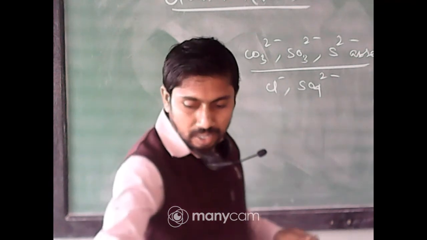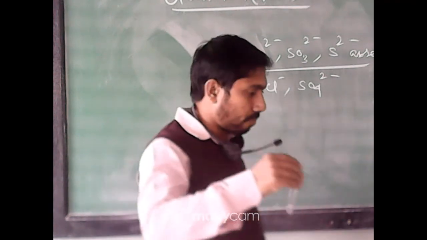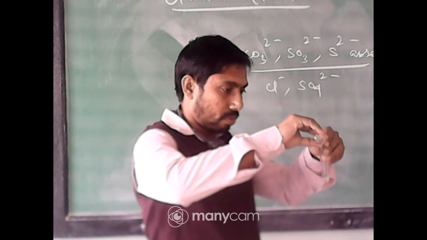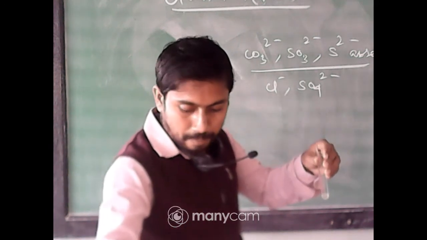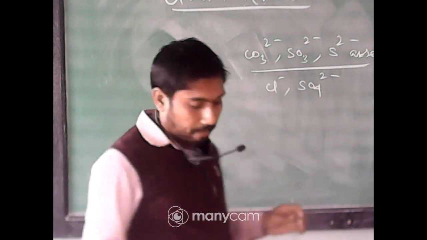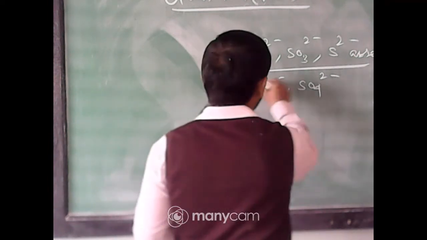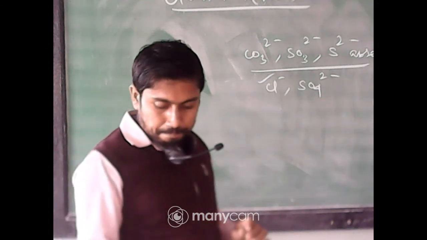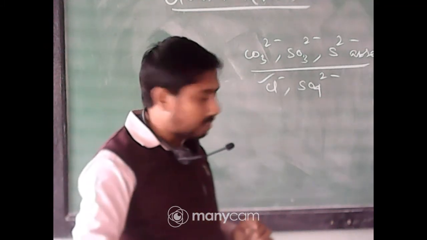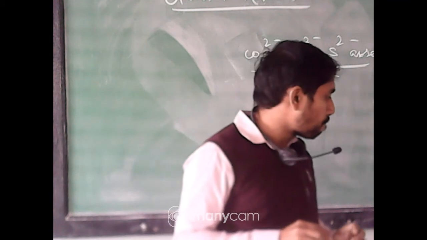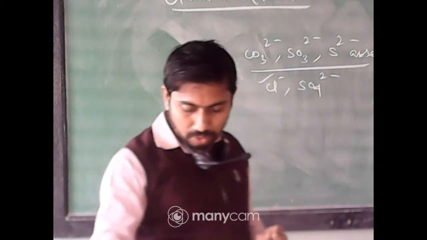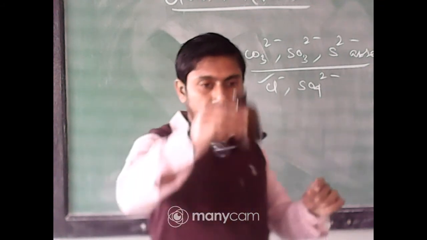Next, again taking the original solution. Next, this is for chlorine, that is chlorides, basically halides. What is the reagent for halides? Silver nitrate. Okay, so this is the silver nitrate bottle.